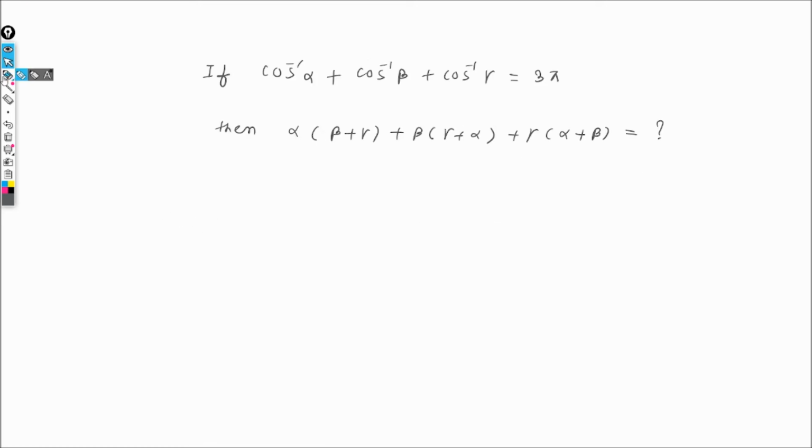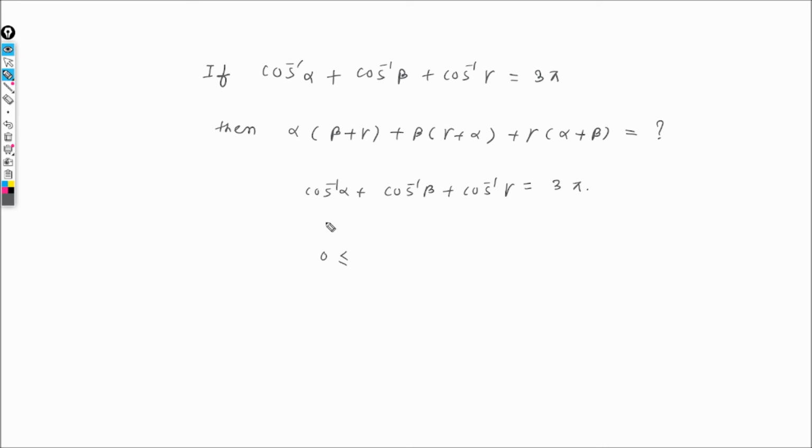So let us understand one more important question. Here cos inverse of alpha plus cos inverse of beta plus cos inverse of gamma is equal to 3 pi.